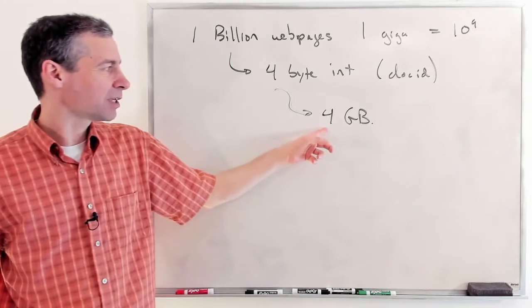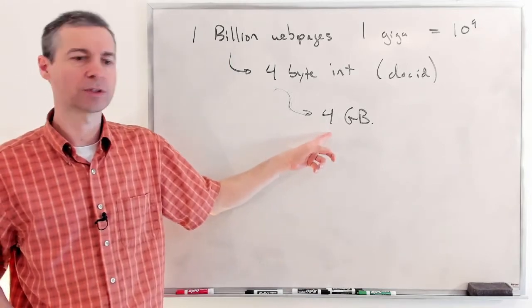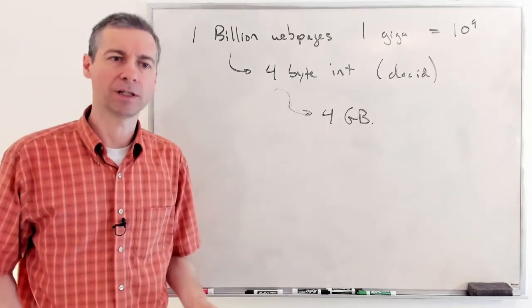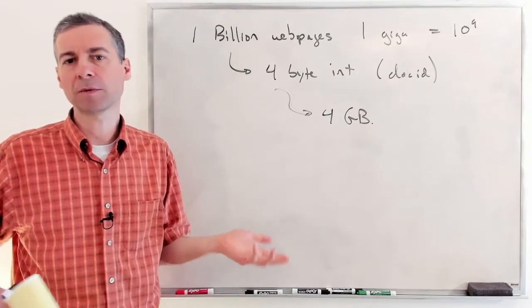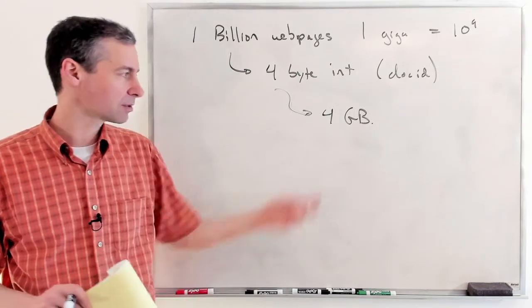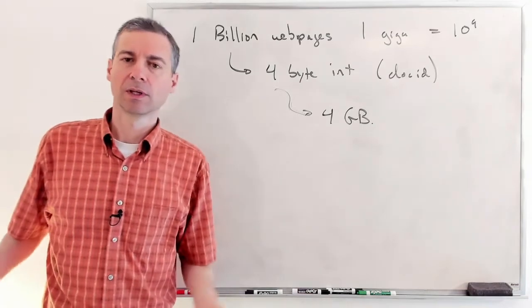If it's on the order of 100 times that, getting close maybe for storing a really simple index, it's 400 gigabytes.